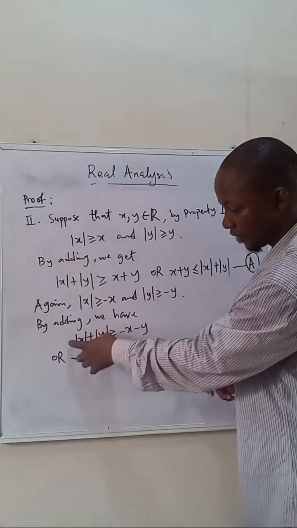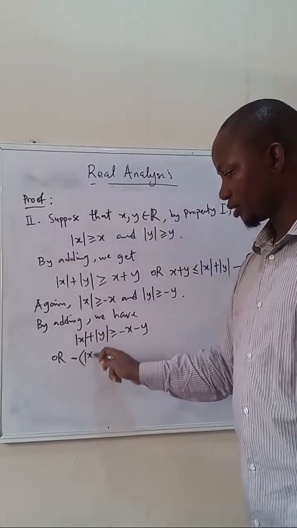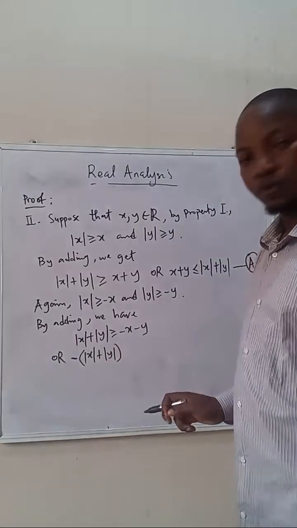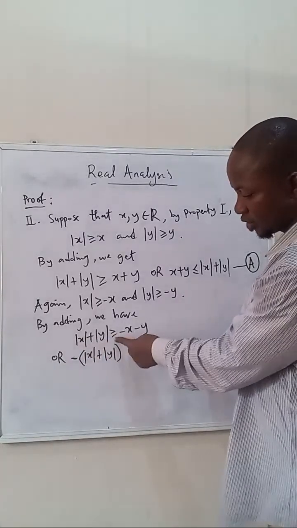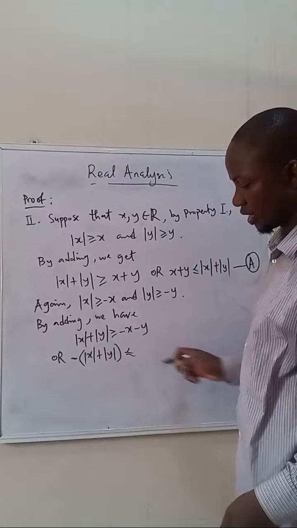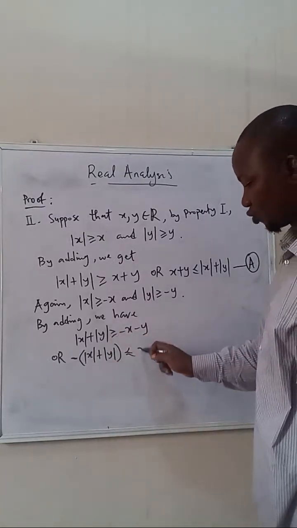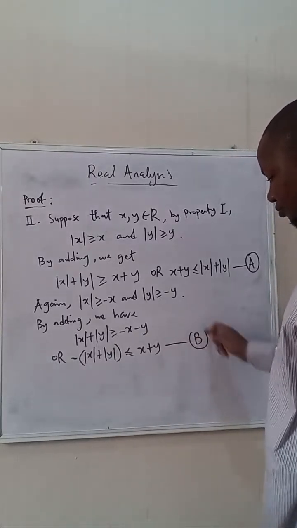So negative will affect this entire term, and it will be this. Okay? Because I'm multiplying with negative, this inequality will change to less than. And of course, if I multiply this with negative, this will be what? x plus y. So I will call this one B.